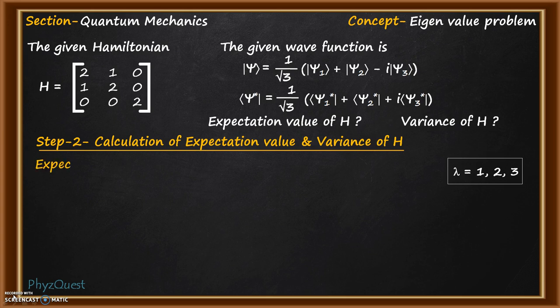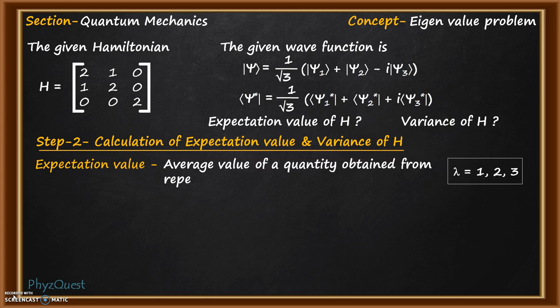Expectation value of any quantity, in simplest form, means the average value of that quantity obtained from a repeated measurement for a collection of identical particles in that same state. So you can consider it the mean or average value of a certain quantity for repeated measurement.